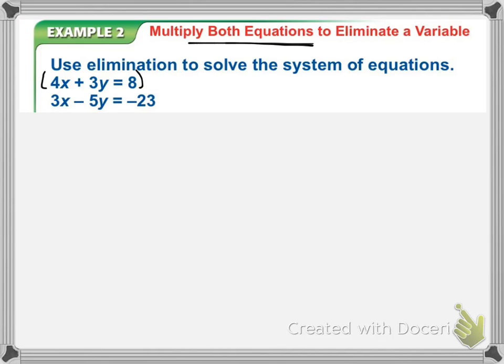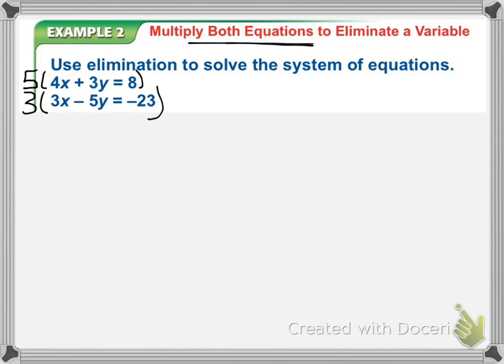So in order to force those y's to cancel, I need to figure out how I can make them match. So I know in my mind that 3 and 5 both go into 15. So I'm going to multiply each of those equations by whatever it takes to get the y values to equal 15. That means that the top equation, I'm going to multiply everything by 5. And the bottom equation, I'm going to multiply everything by 3.